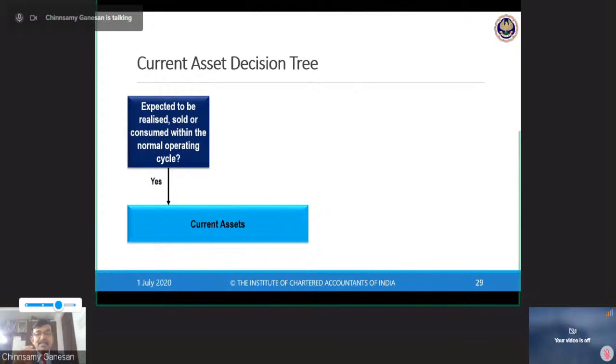What it says is that expected to be realized within the normal operating cycle. So the normal operating cycle is 14 months. If you expect your debtors will be realized within 14 months from the end of the reporting period, you can still hold that debtor as part of your current asset. Expected to be realized is normally debtors.